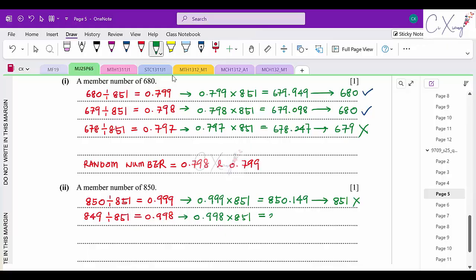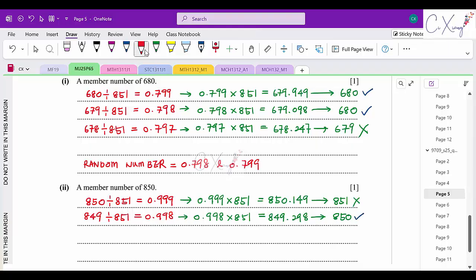Then you'll get 849.298, where when you round it up, it will become 850. So this is the answer that I want.